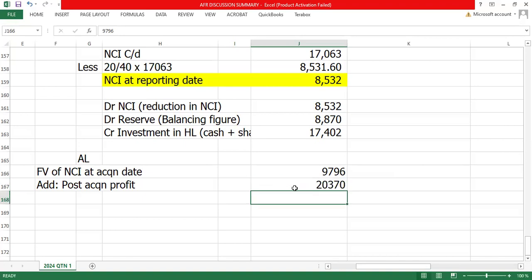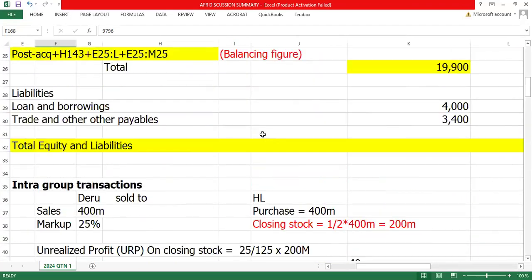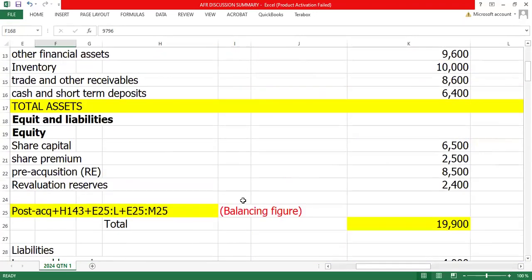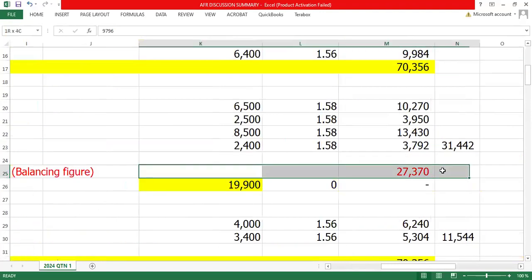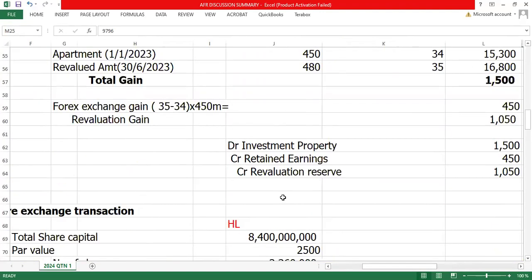We are getting that post-acquisition profit from the second note, the balancing figure during the translation. Do we have any other?